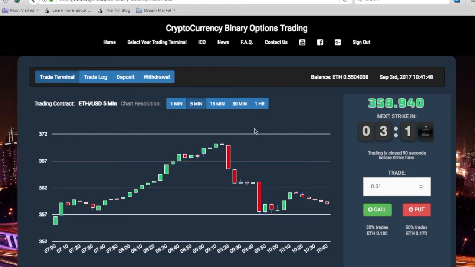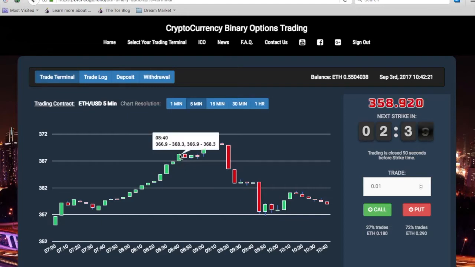If the bar is green, that means that the first price in that 5-minute period was lower than the close price, meaning that during the time period price was moving mostly up. If the bar is red, that's the opposite. The bar opened high and closed low.